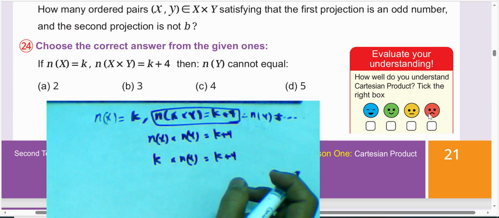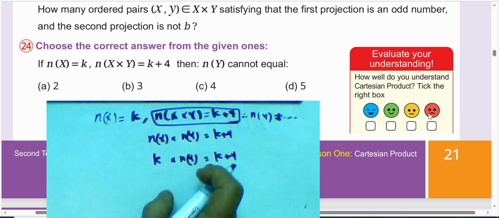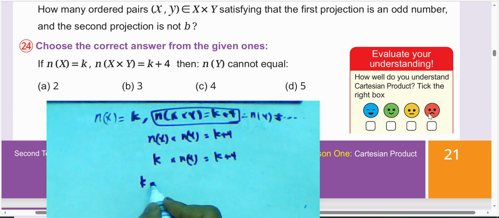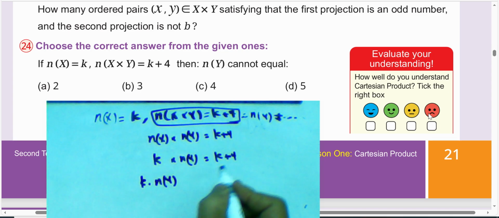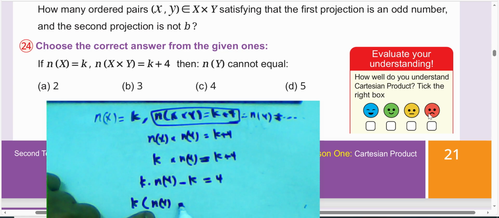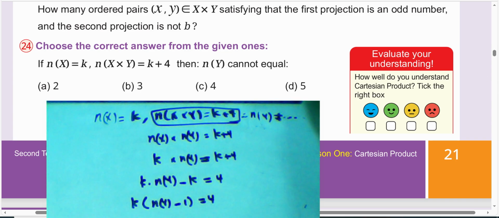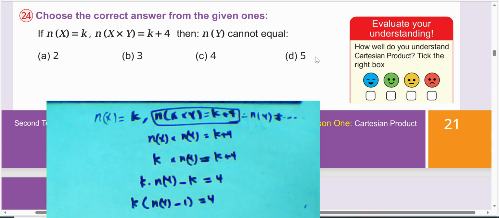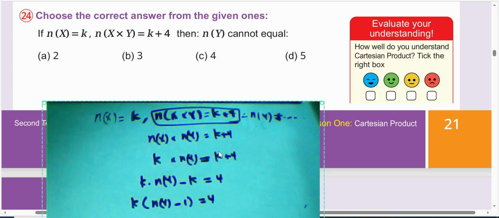Okay, you can solve this equation here. k times the number of elements of Y equals k plus 4. Move k to the left side: k times the number of elements of Y, subtract k, the result will equal 4. Then write k as a common factor between the two terms: k times (the number of elements of Y minus 1) equals 4. It means the number of elements of Y minus 1 is a factor of 4, because two numbers multiplied together equal 4.